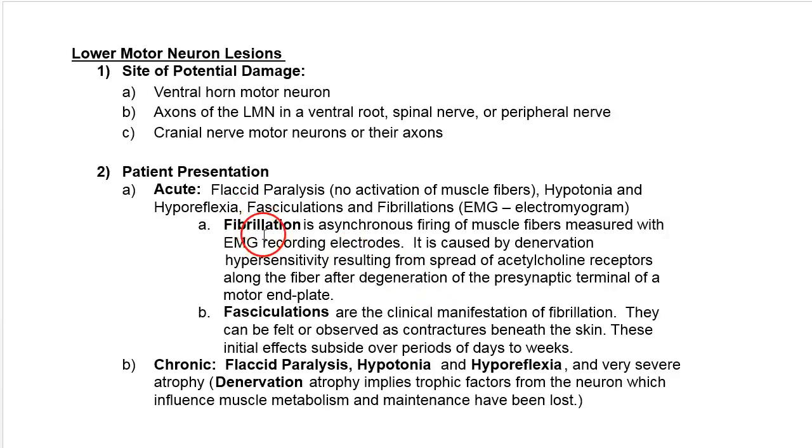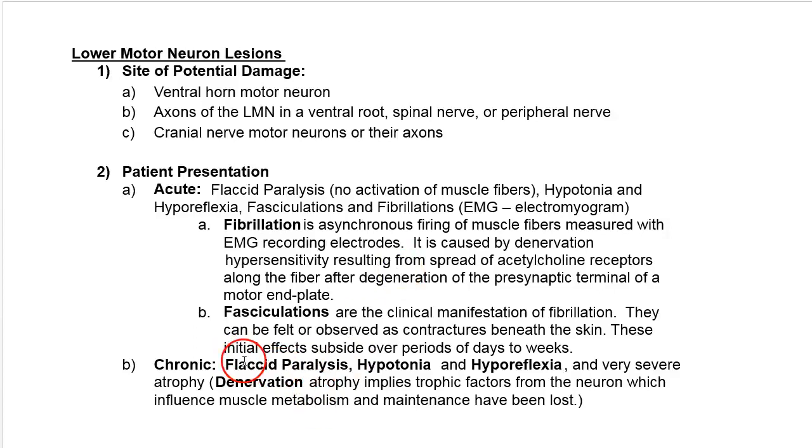The fibrillations may be observed if you utilize an electromyogram with a needle in the muscle, and it's an asynchronization of the muscle fibers that shows that with denervation of those muscle fibers, they generate additional acetylcholine receptors, and those receptors become responsive to any acetylcholine that is released presynaptically, even if it's not under a controlled situation. And as a result, muscle fibers will fire intermittently and manifest these fibrillation potentials in the postsynaptic portion of the muscle.